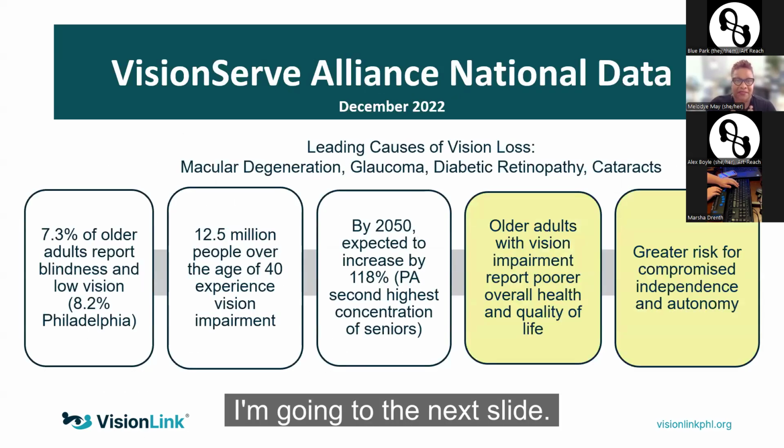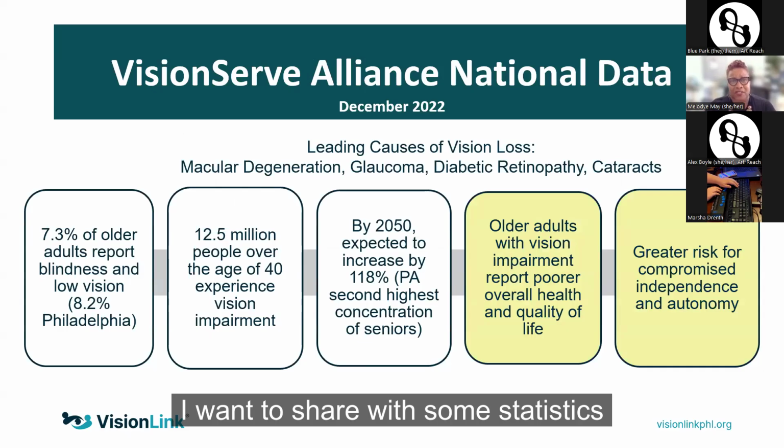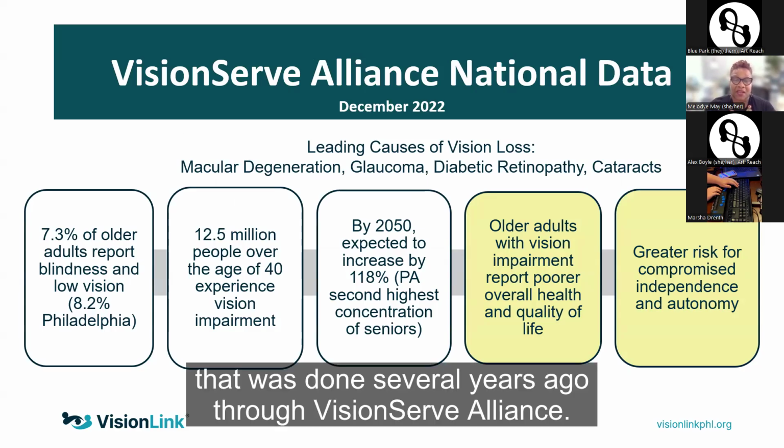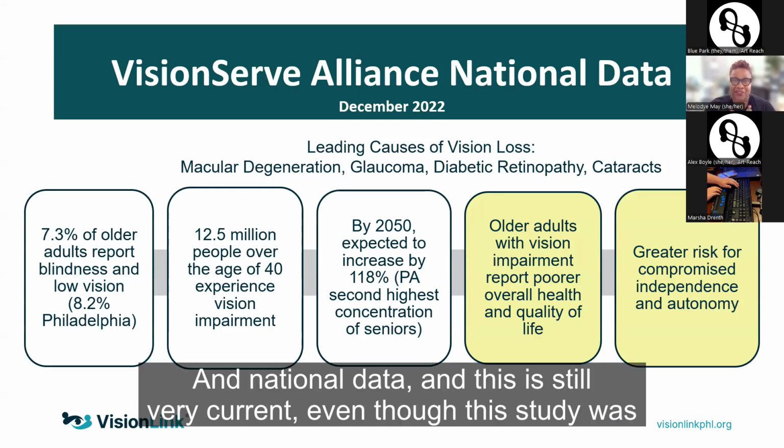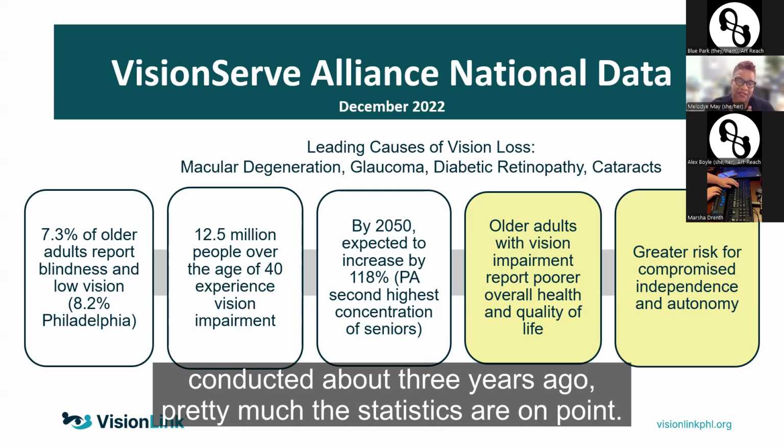So going to the next slide, I want to share with you some statistics that were presented to us in a study that was done several years ago through Vision Serve Alliance. And national data, and this is still very current, even though this study was conducted about 3 years ago. Pretty much the statistics are on point.